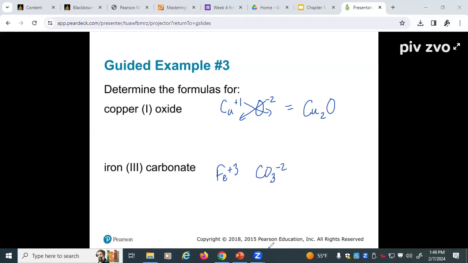Do the charges match? No. So cross we shall. Iron gets a subscript of 2 from the carbonate. Carbonate gets put in parentheses and a subscript of 3 from the iron. Fe2(CO3)3 is the correct formula.